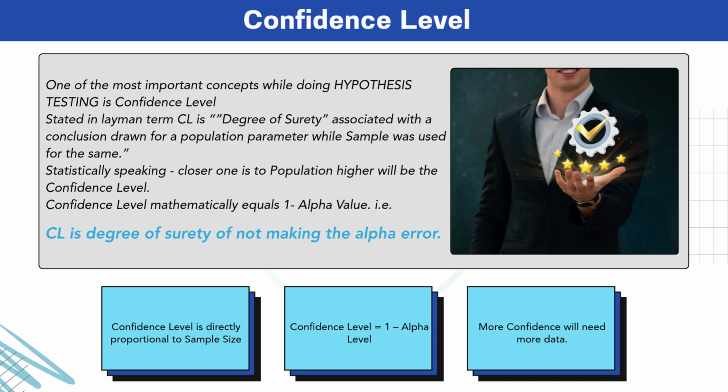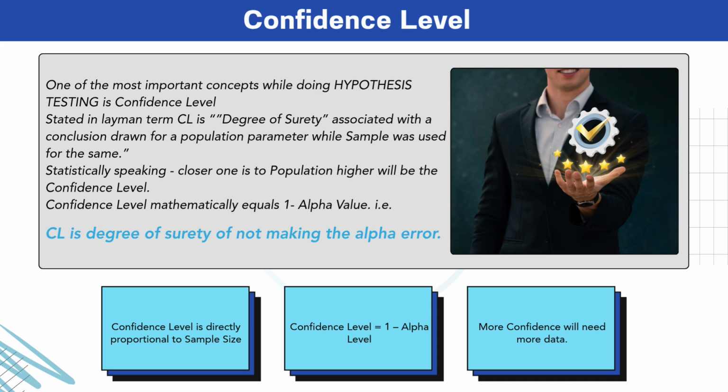It tells us how confident we are that we're not making a mistake, specifically a type 1 error, which is rejecting the null hypothesis when it's actually true. In layman terms, confidence level is the trust we place in our test results. It's how sure we are that our findings from the sample apply to the population.